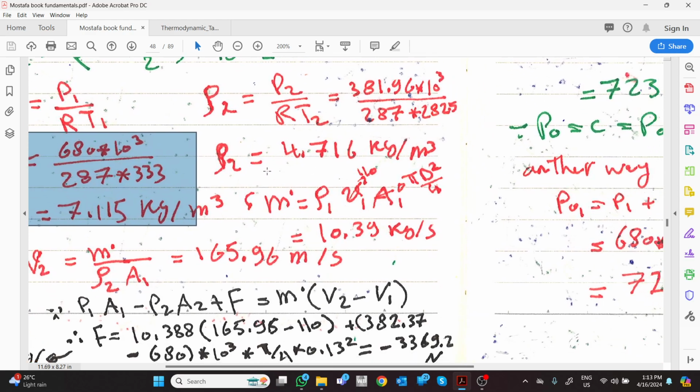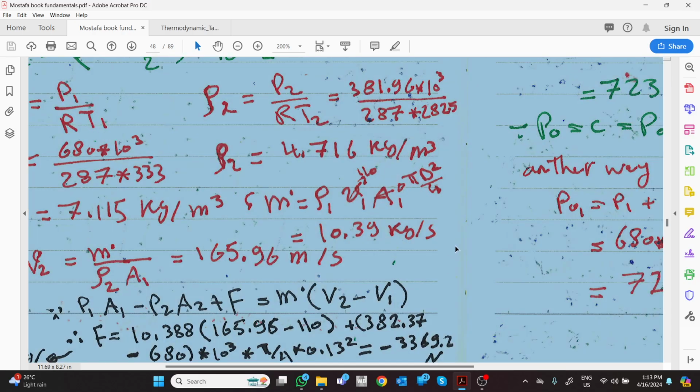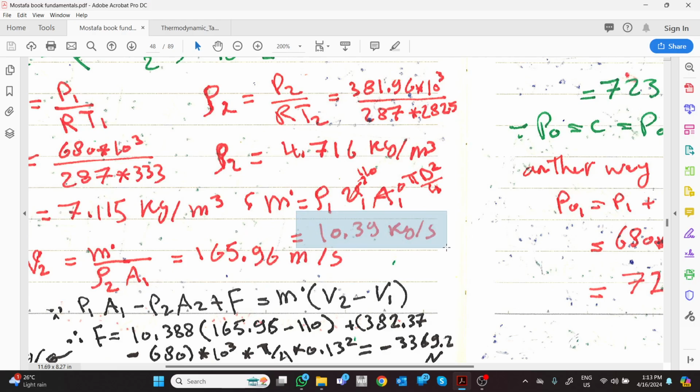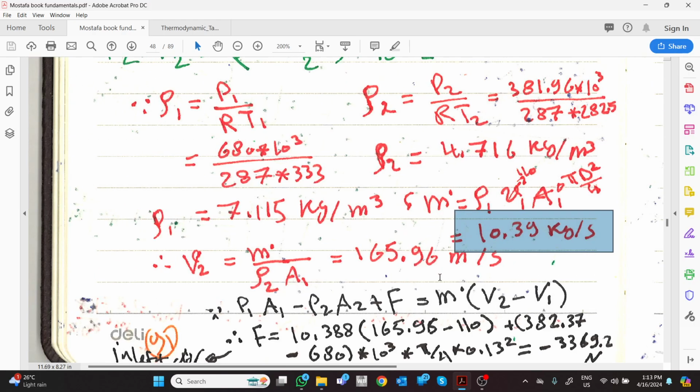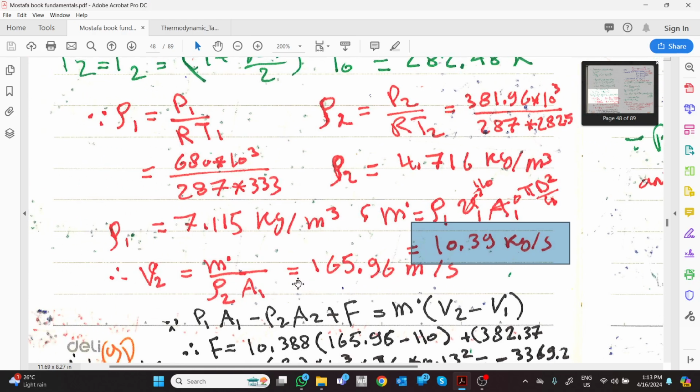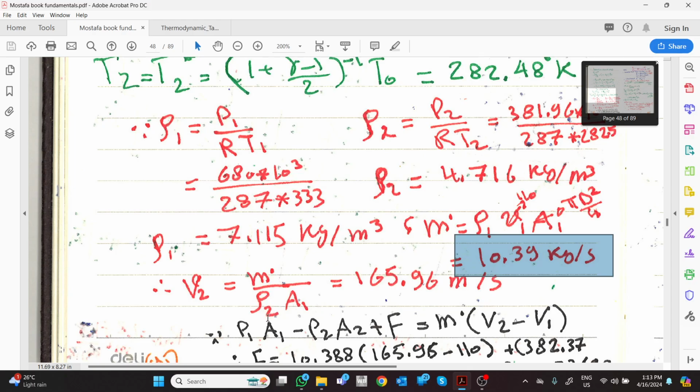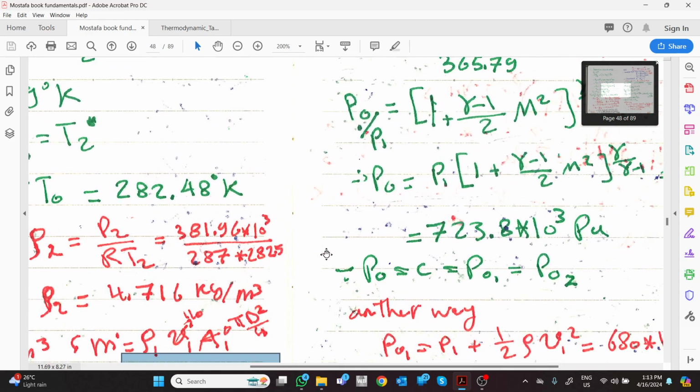But also I can know the mass flow rate. Mass flow rate anywhere is rho1 V1 A1 or rho2 V2 A2, to be constant, the same. So it is 10.39 kilograms per second. So if I want to calculate the exit velocity, it is very simple. It is m dot equals rho2 A2 V2, or you can calculate it based on Mach because I know Mach number equals 1.